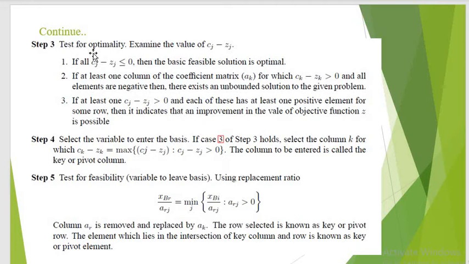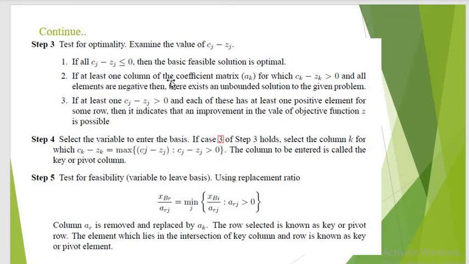Step 3 corresponds to the test for optimality. Now we will examine the value Cj minus Zj. If all Cj minus Zj are less than or equal to 0, then the basic feasible solution is optimal.